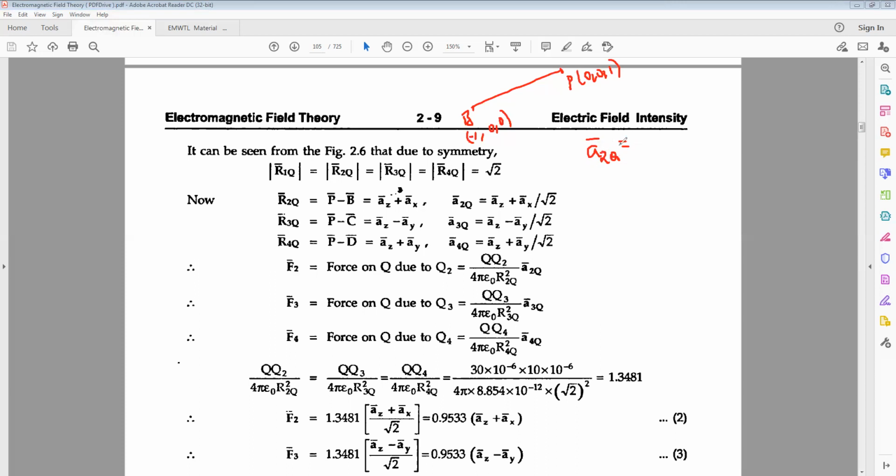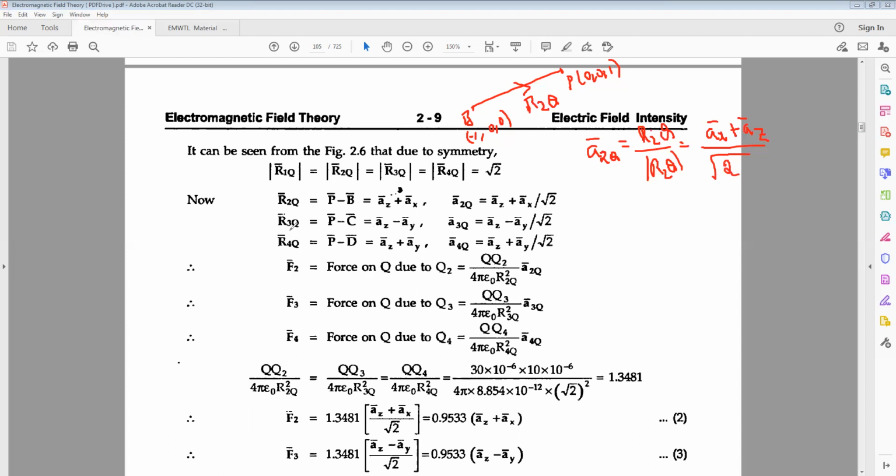So what is the A2 bar? The value is R2Q by the magnitude of R2Q, which is 0 minus of minus 1, that is AX bar, and there is no Y, and AZ bar, 1 minus 0, whole divided by the same thing, root 2. So AZ and AX by under root of 2.